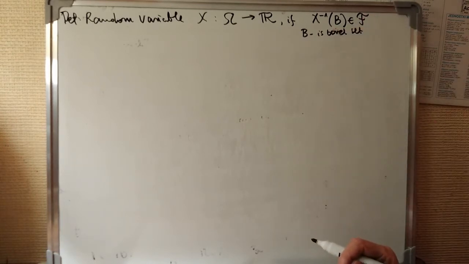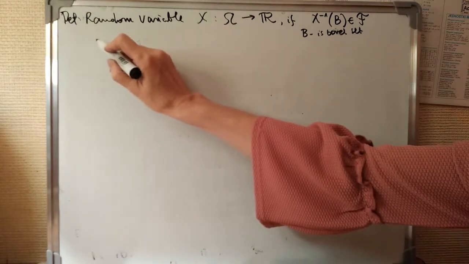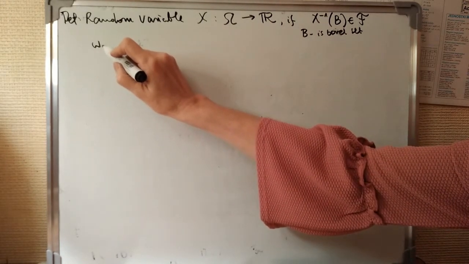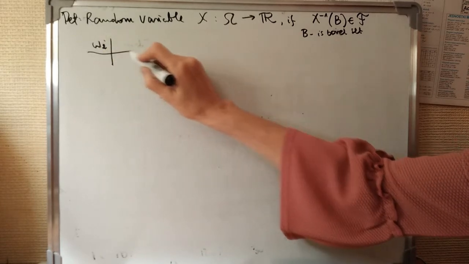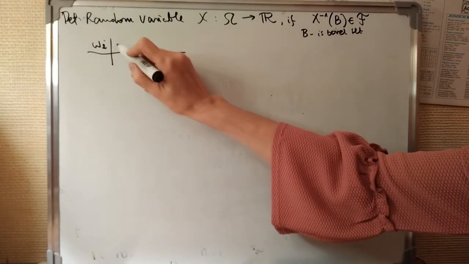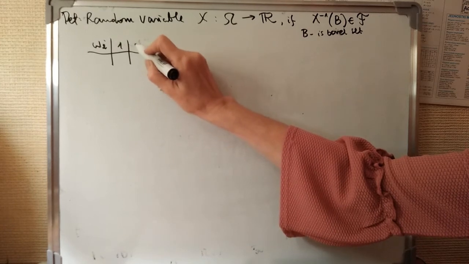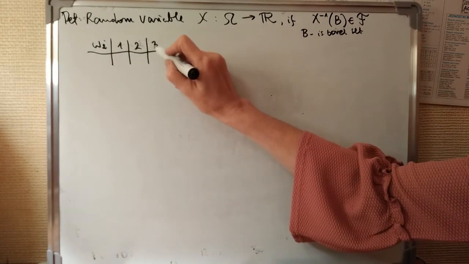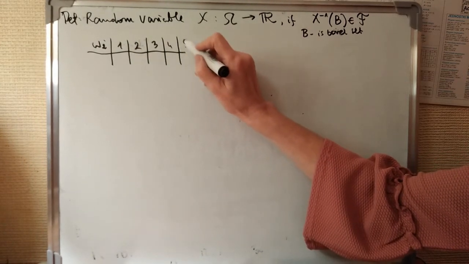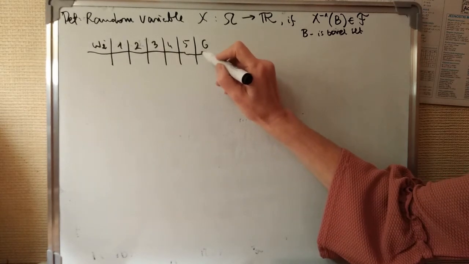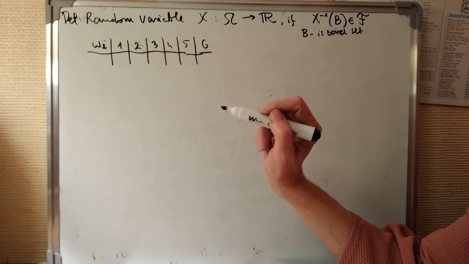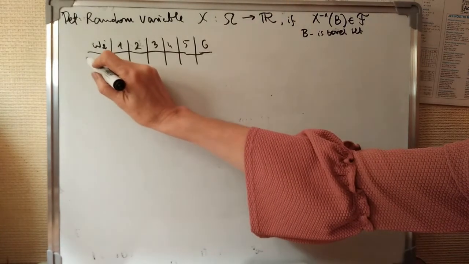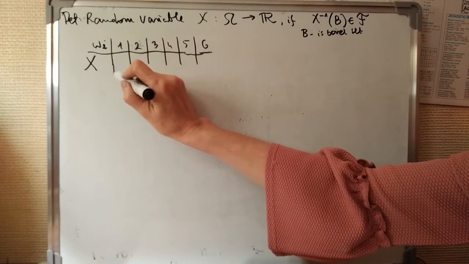Examples. Supposing we are tossing a die, so what are the possible outcomes? If you're tossing a die, a natural random variable is to give numbers. But we might do something different. Let it be a play.